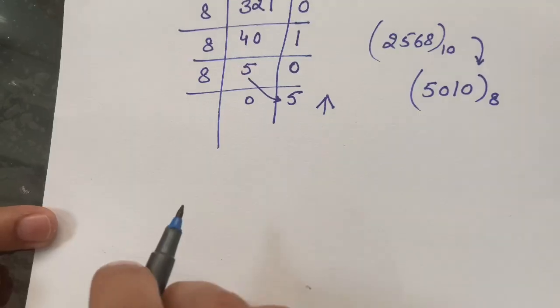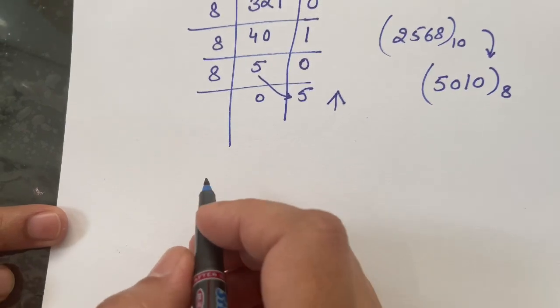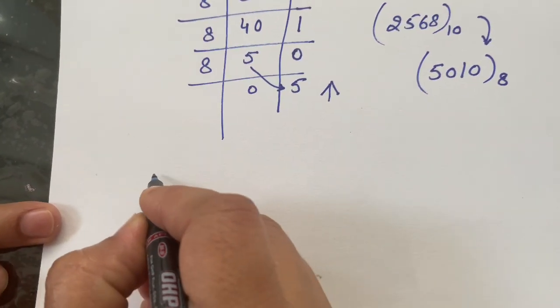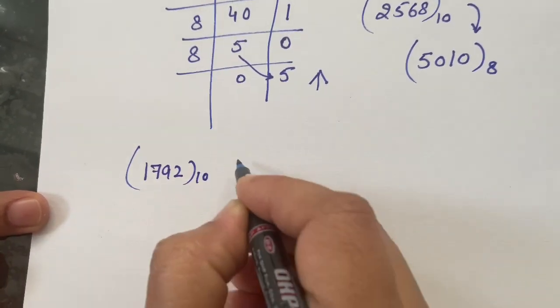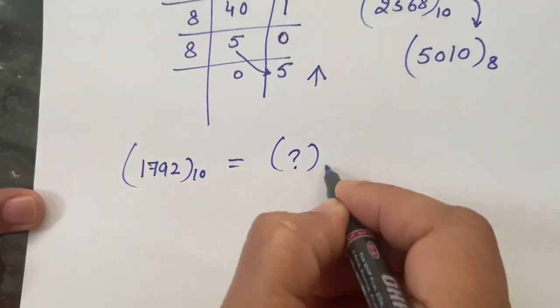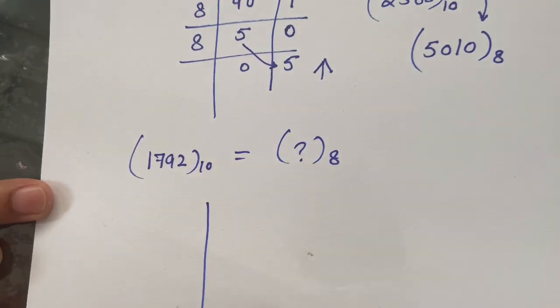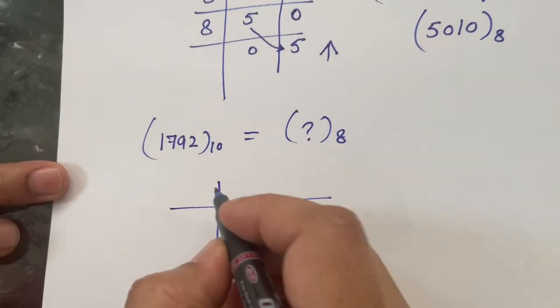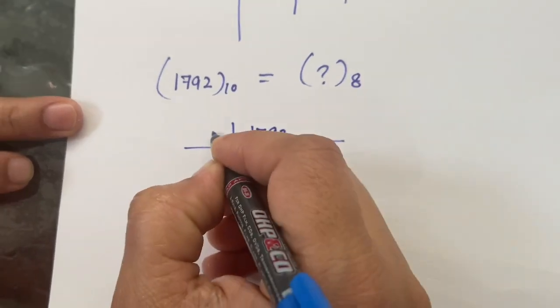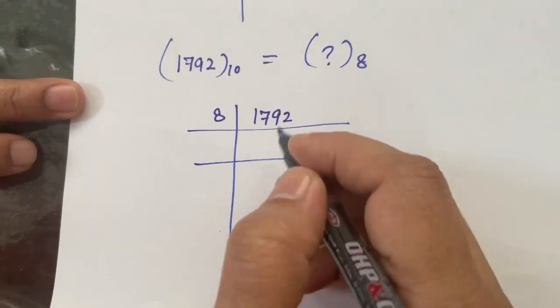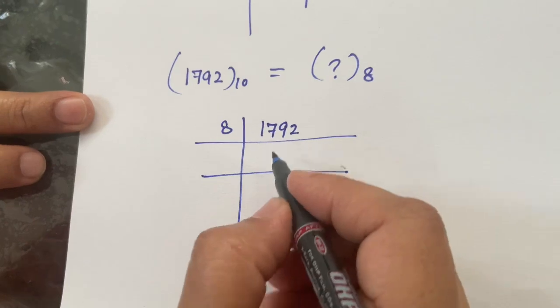I'm going to take one more example. 1792, this decimal number is to be converted into an octal number. So you know the formula, it should be divided by 8. Now 8 2s are 16.